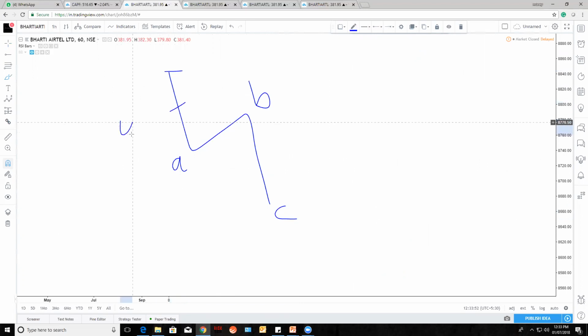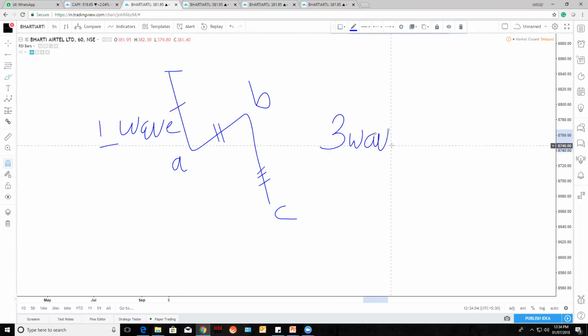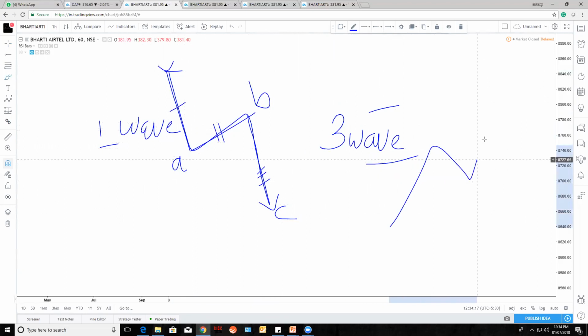That is wave 1 or wave A, this is wave 2, and this is wave 3. This is A, this is B, and this is C. This is the beginning, and this is the close.